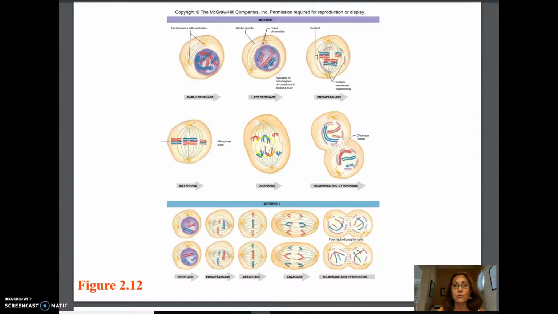Again, 3 and 3, which makes 6. But now we're dividing, and you only have 3 here and 3 here. This first telophase and cytokinesis event is the end of meiosis 1, and we call this the reduction division. This is what's taking your diploid cell and turning it into a haploid cell.